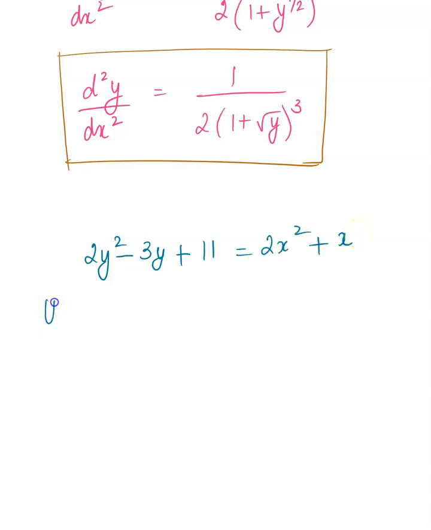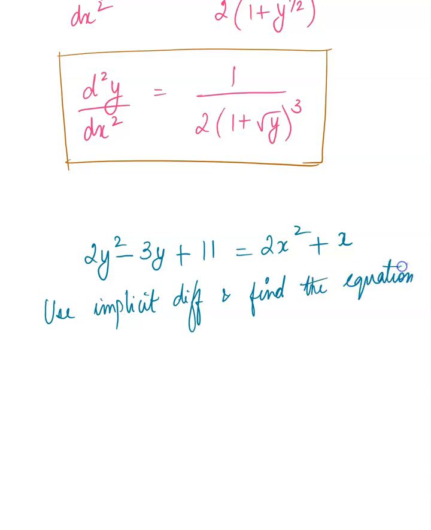And say, use implicit differentiation to find the equation of the tangent line at 2, 1, let's say.